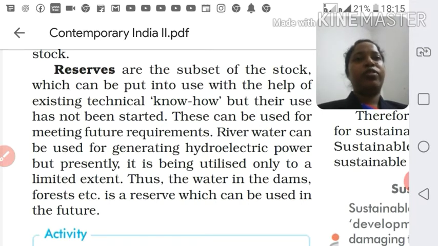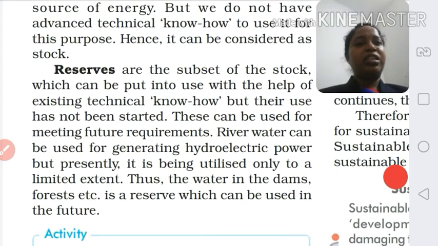This can be used for meeting future requirements. River water can be used for generating hydroelectric power, but presently it is being utilized only to a limited extent. Thus, the water in the dams, forests, etc. is a reserve which can be used in the future.